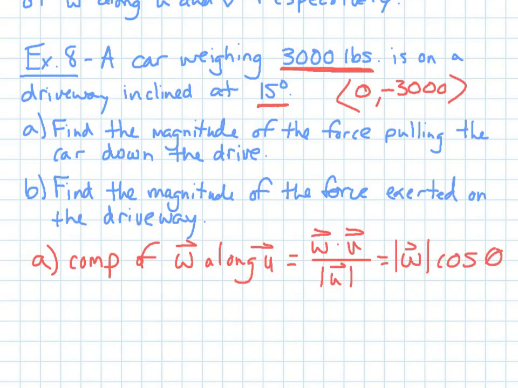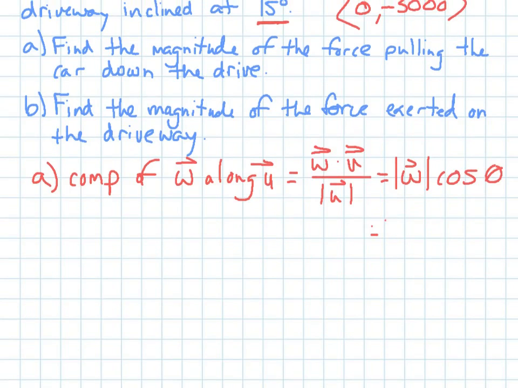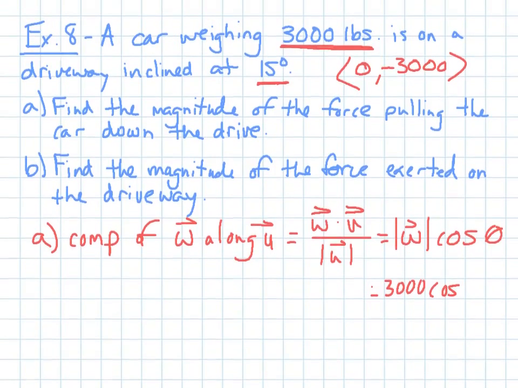Okay, so since I know those things, we can say 3,000 times cosine of, and we need to figure out that angle measurement, right?